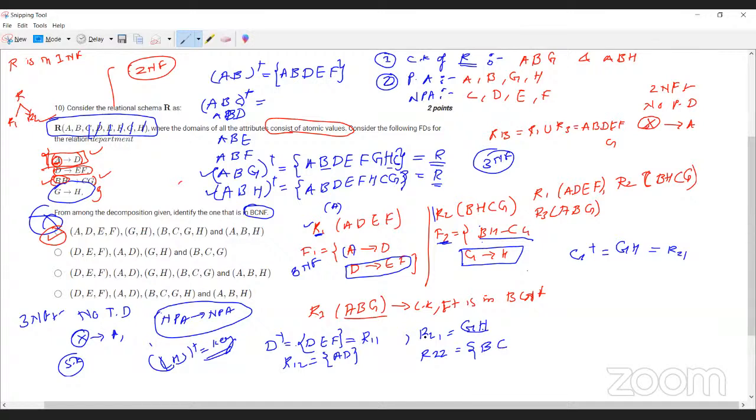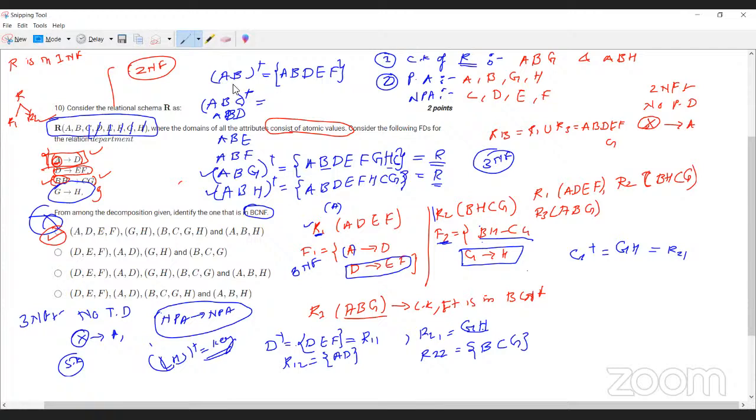Now, in order to make R21 and R23 a lossless decomposition, which attribute do I have to add here, either G or H? If I add H here, the intersection will be H, so I will not get R21 and R22, right? What if I add G here? We get GH and R21.